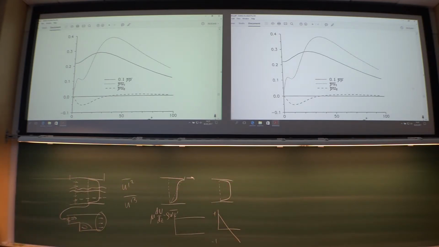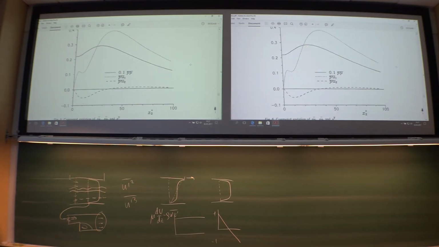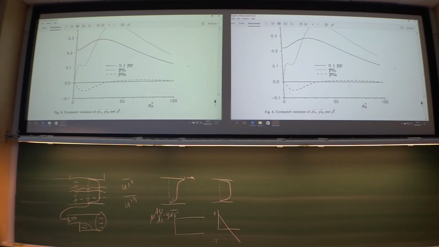A pressure measurement will require a probe of some kind that will destroy the velocity field. So these are not possible to find experimentally, at least nobody has done it yet. But with the DNS, you know everything. So here I have the behavior of these quantities, and then the experimentalists can look upon it.